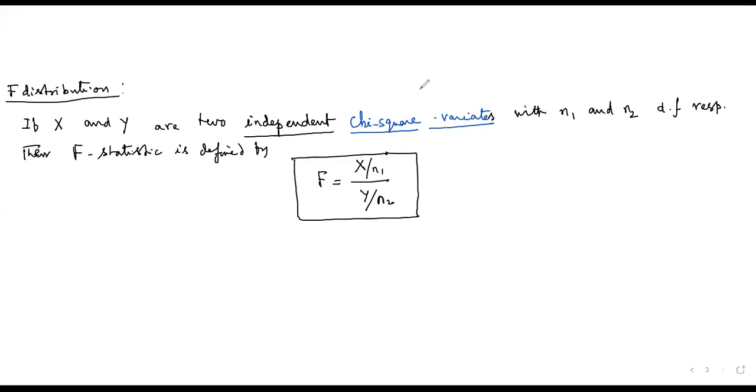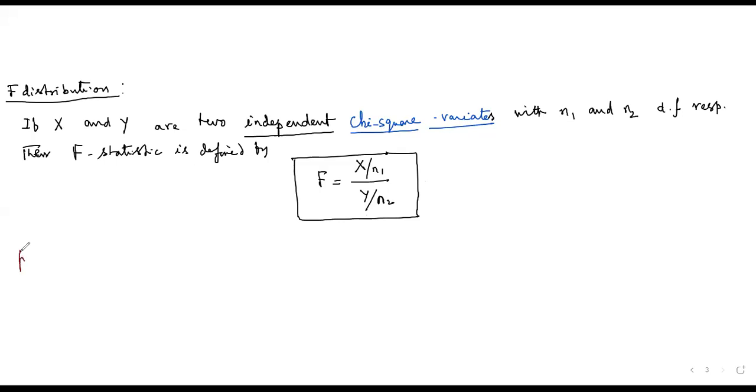And since chi-square variate is related to standard normal variate, this is one of the reasons for which we say the population from which the samples are drawn in case of F test, they must be normal with having some parameters, of course.